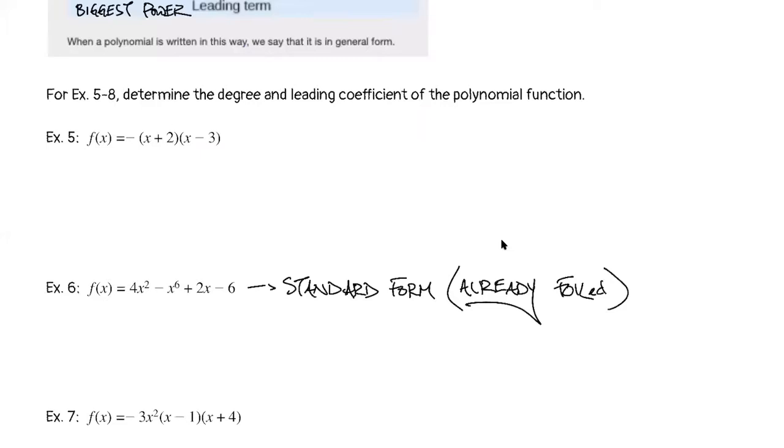Somebody did the work. If it's in standard form, the only thing you need to do is make sure you line up the terms from biggest to smallest. So what is the leading term for this polynomial? Yes, negative x to the 6th. What's the next term?